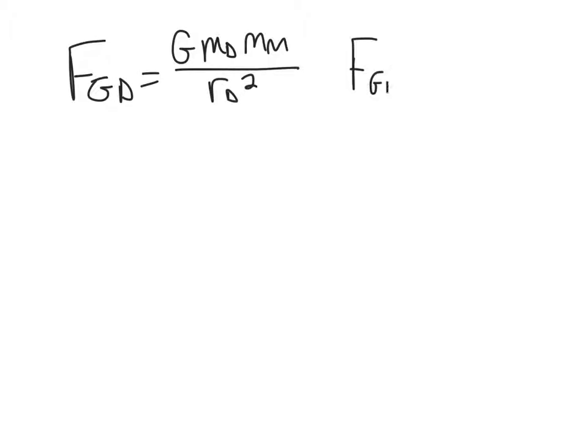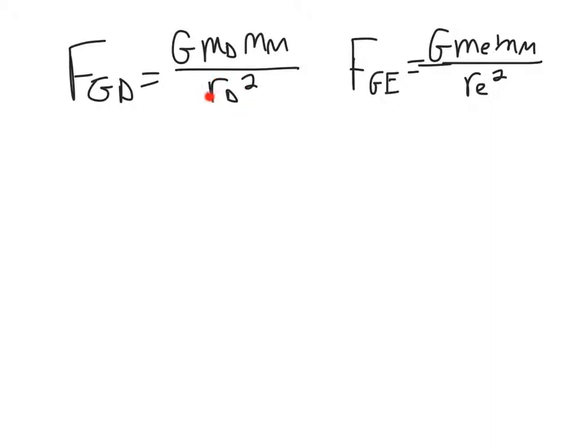And the force of gravitational attraction for the Explorer equals G, mass of the Explorer, mass of Mars, over the radius of the Explorer squared. These are not equal to each other, because even though they have the same mass, they have different radii, so the force of gravity can't be the same. We know that the Discover is closer than the Explorer, so this is going to be larger.